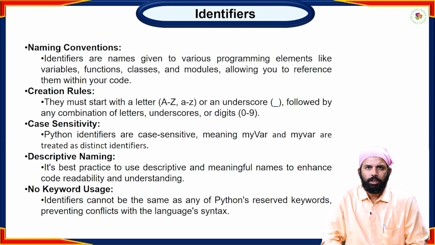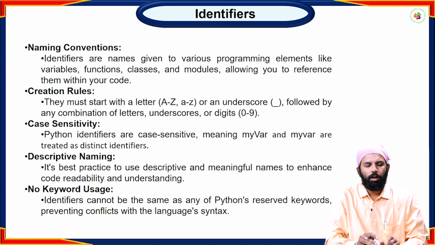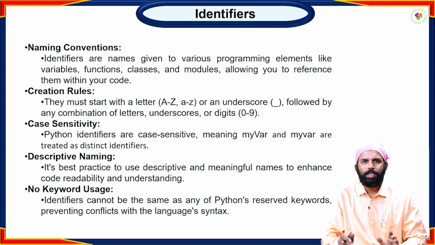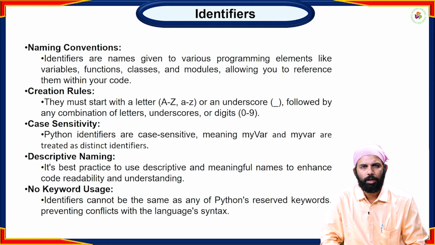When we talk about descriptive naming, any particular function or variable has a descriptive name, like area of a triangle, area of a circle, length of a rectangle, breadth of a rectangle, or side of a triangle. These are basically the descriptive names of any particular identifier.